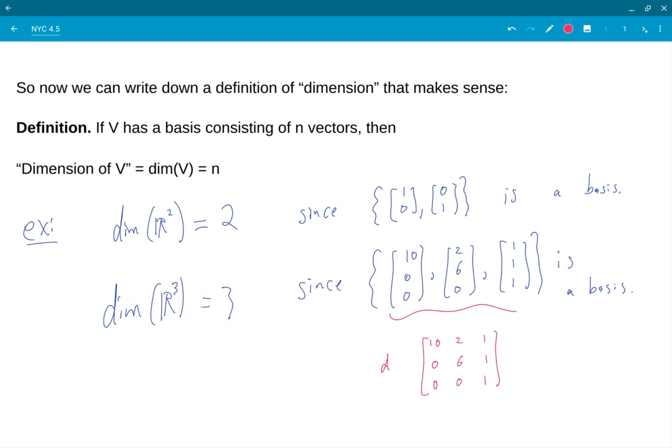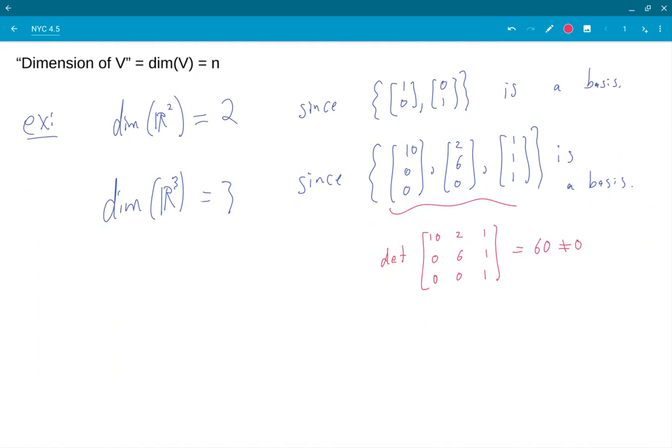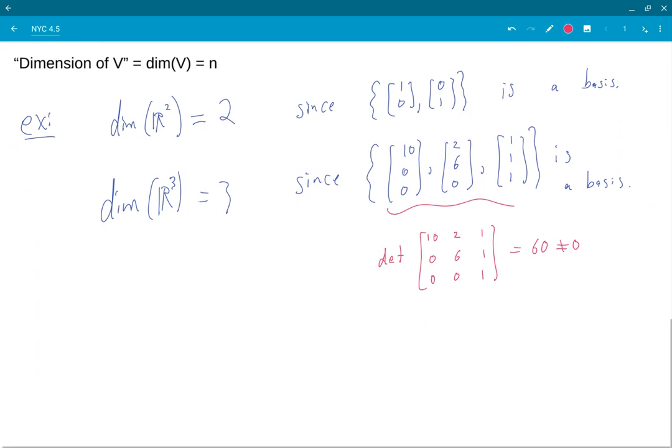So I look at this determinant. It's the product of the diagonal entries. Well, it's not 0, right? So columns are independent.